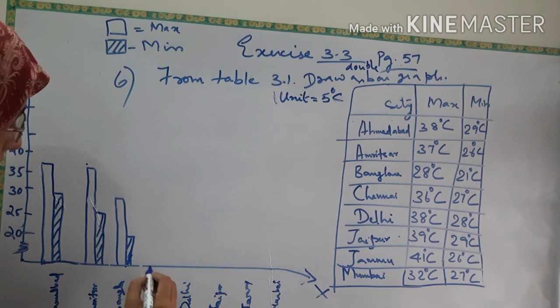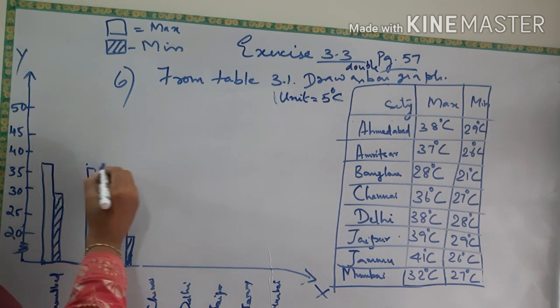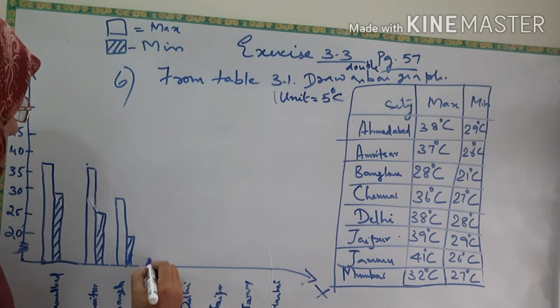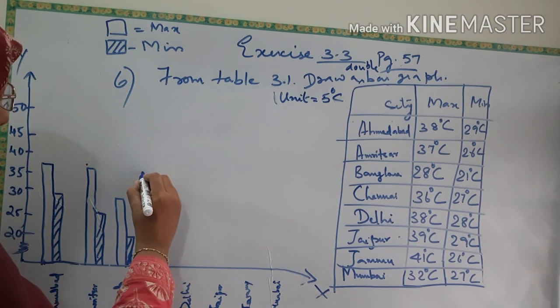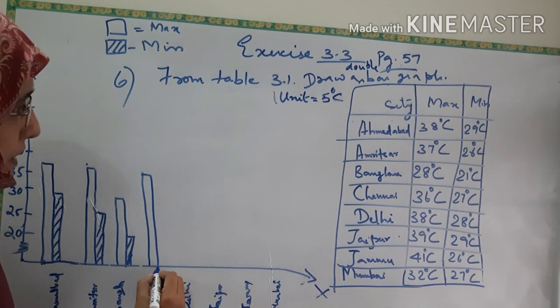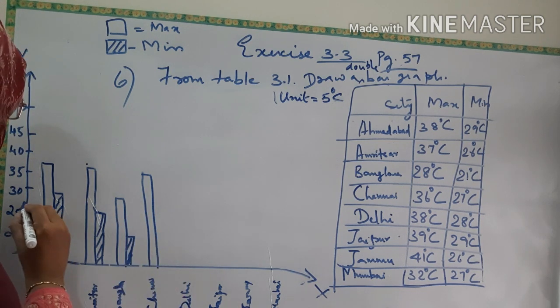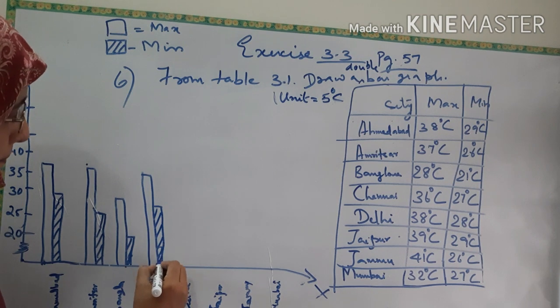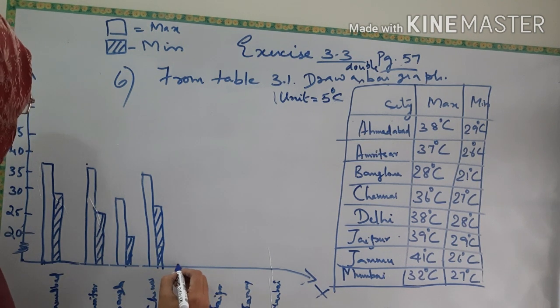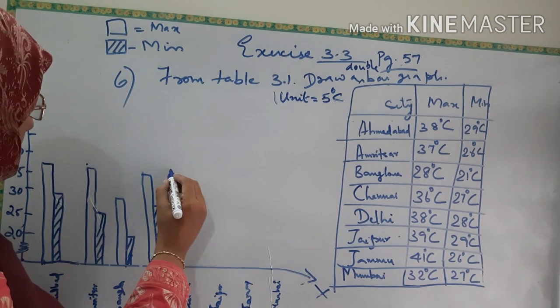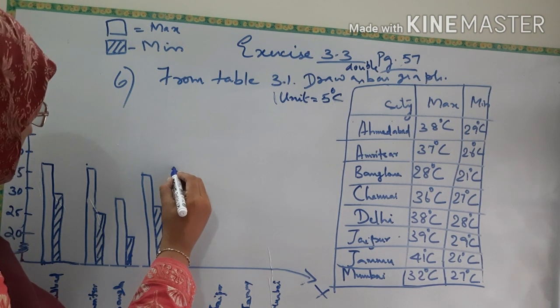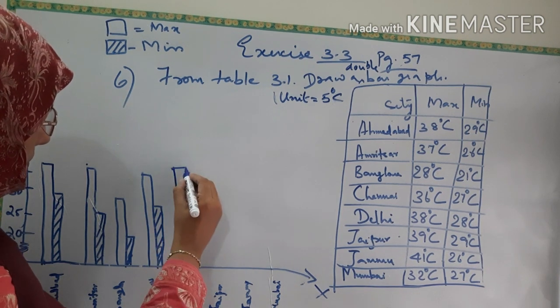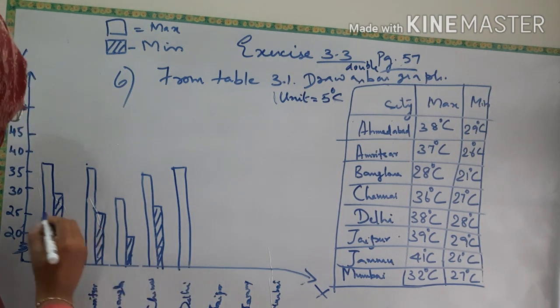Then Chennai, maximum it is 36, and minimum it is 27. Then Delhi, maximum is 38, and minimum 28.